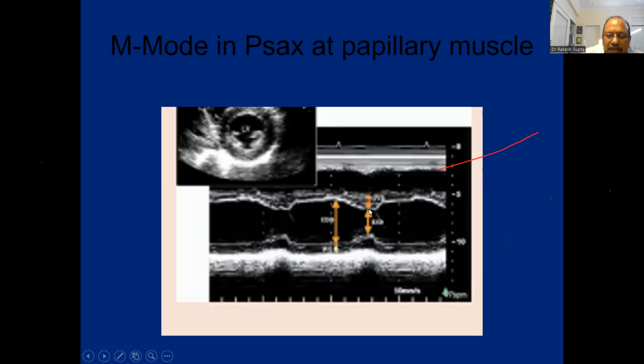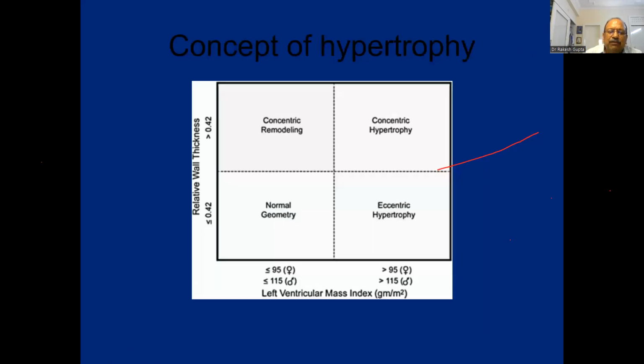This is what the thickness is. Then left ventricular internal dimension during systole, from this point to this point, and the posterior wall thickness during systole. So you feed this into the computer. The computer will give you relative wall thickness and LV mass. And then you can just look at what kind of category this LV hypertrophy is. Clear? Thank you.